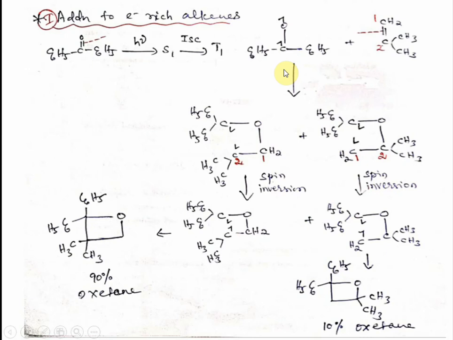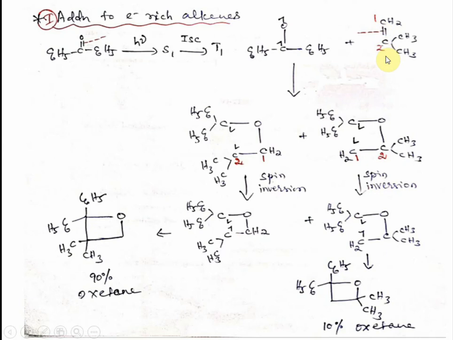To that biradical, the alkene will get added. In alkene, carbon-carbon double bond, one bond will get homolytically cleaved, and carbon 1 will have one electron, carbon 2 will have another electron. So there are two biradicals. What are they? Ketone is one biradical. This alkene will have one biradical. Here C dot, O dot; here C dot, C dot.